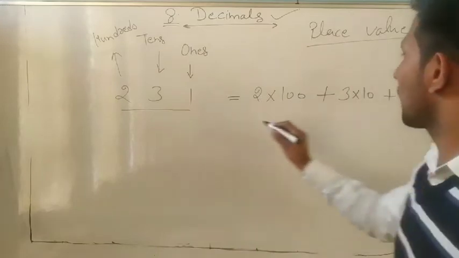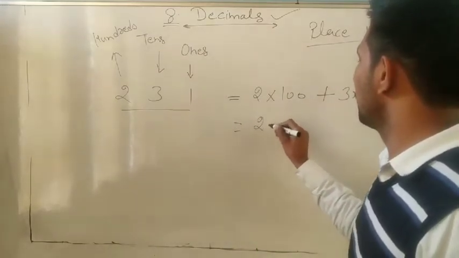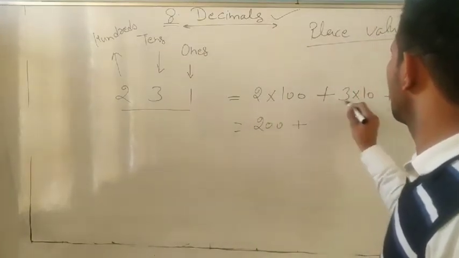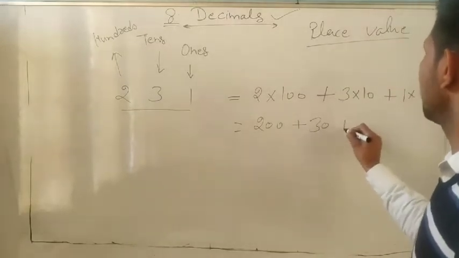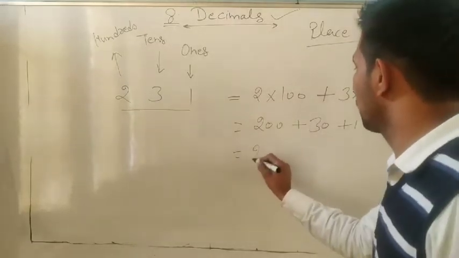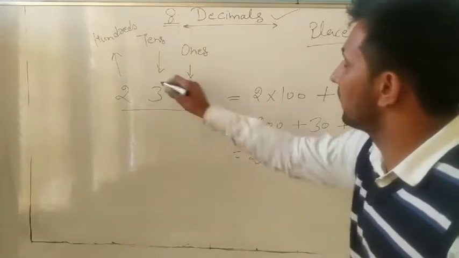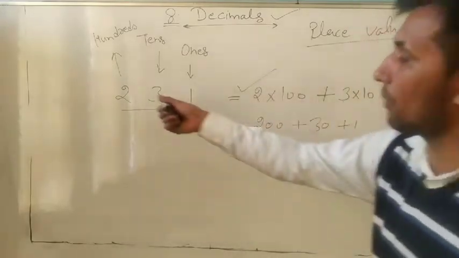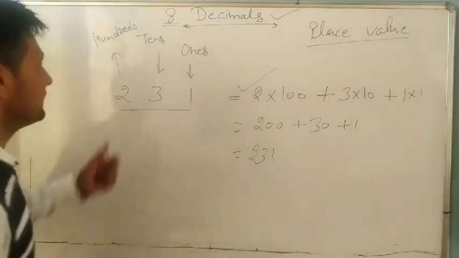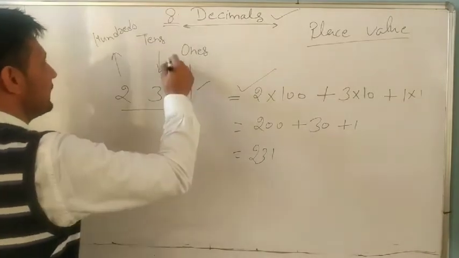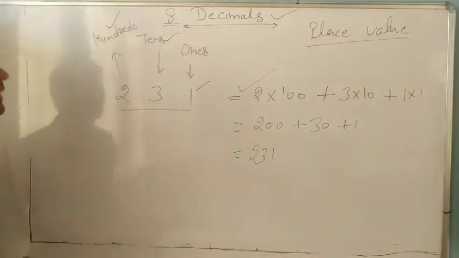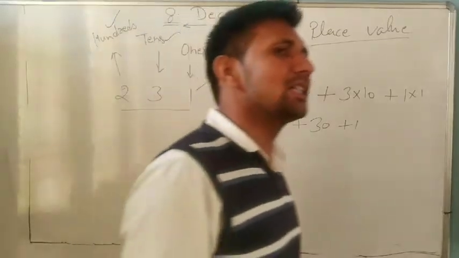So we write 200 plus 30 plus 1. What is this number? 231. So it is the expanded form of this number. Always remember, it is ones value, tens, then hundreds.